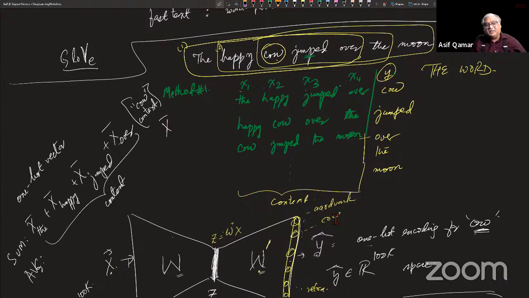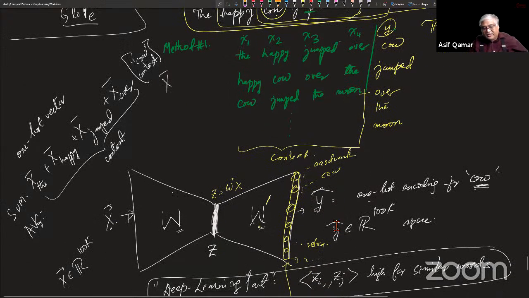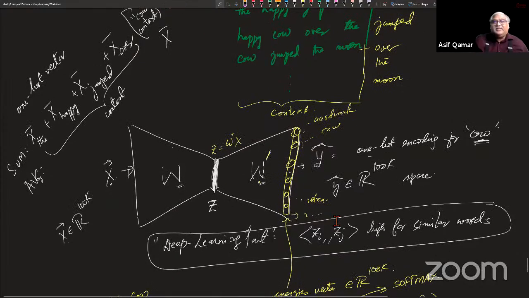The company is the input, either averaged or summed, and the output is the word. And you make sure that this bottleneck architecture, somewhat like an autoencoder, takes the context as input and produces the word as the highest probability thing, the softmax. It's pointing to the word, right?